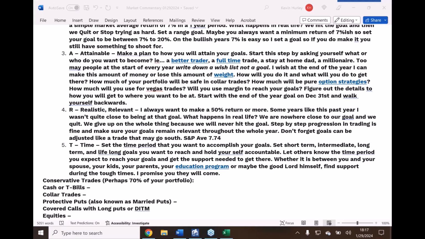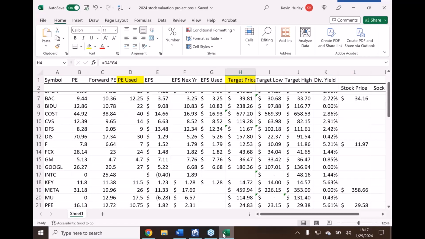How realistic, how relevant was the goal? And have you ever hit it? Can you hit it? Again, it takes the work of spending time going through, putting the effort in. But it's a matter of putting that information in and doing the work.